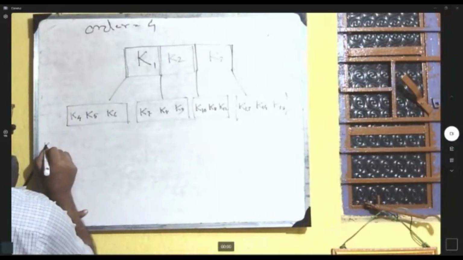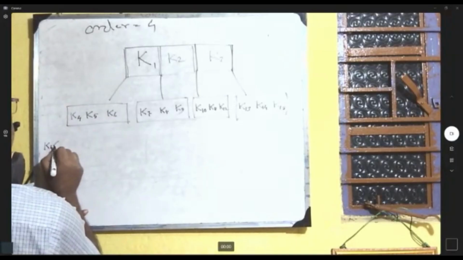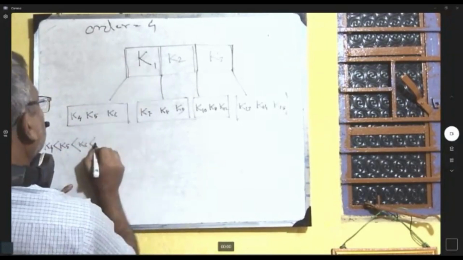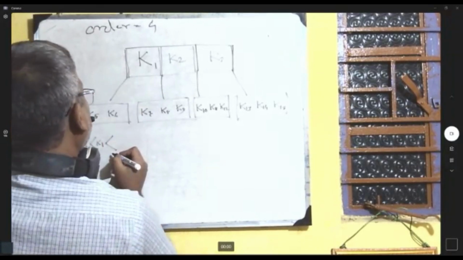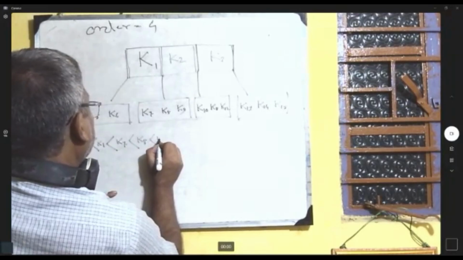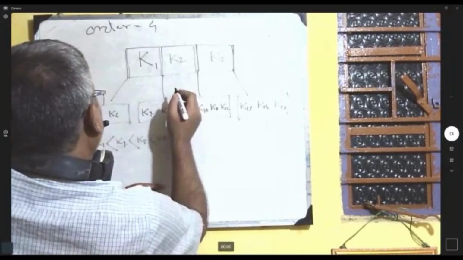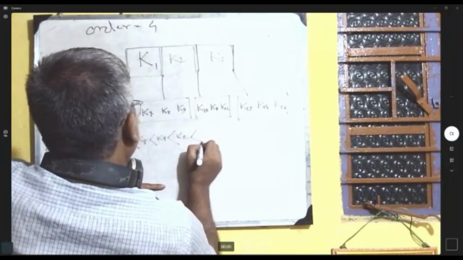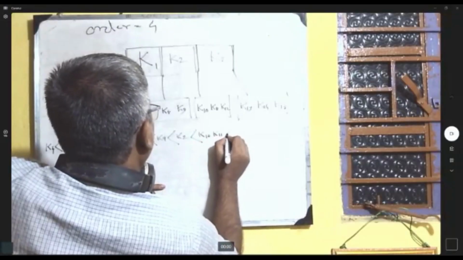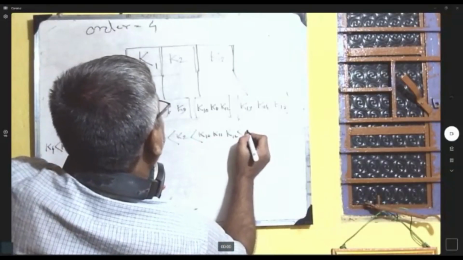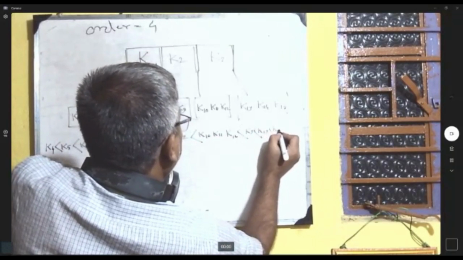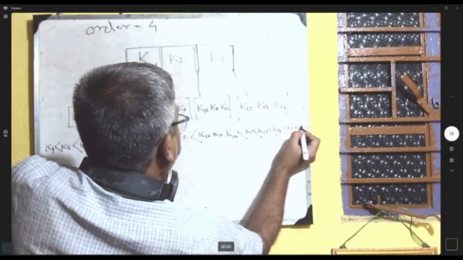The value of K4 is less than K5, less than K6, less than K1, less than K7, less than K8, less than K9, less than K2, less than K10, less than K11, less than K12, less than K3, less than K13, less than K14, less than K15.